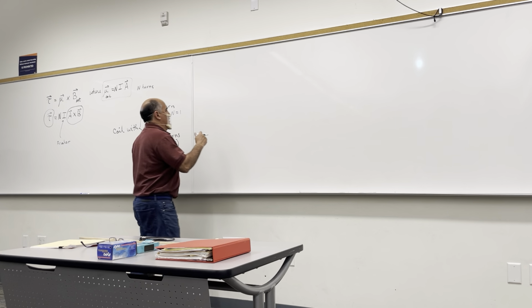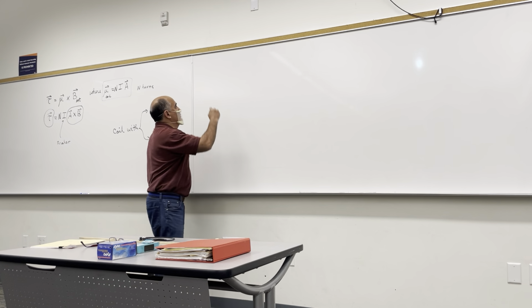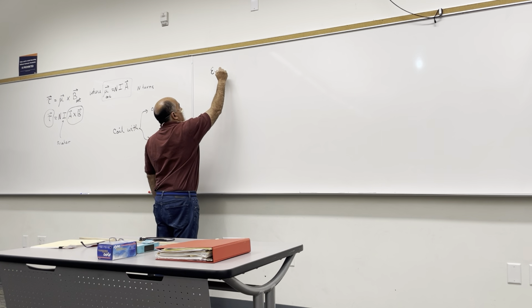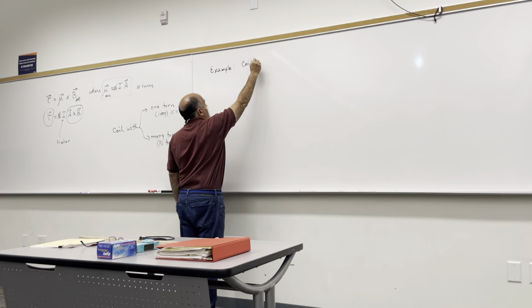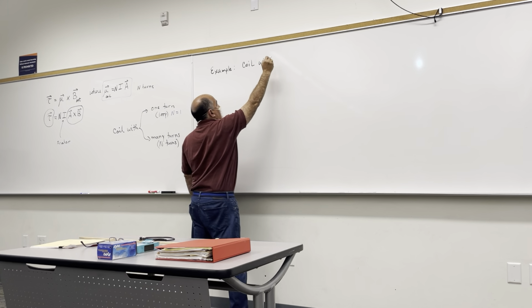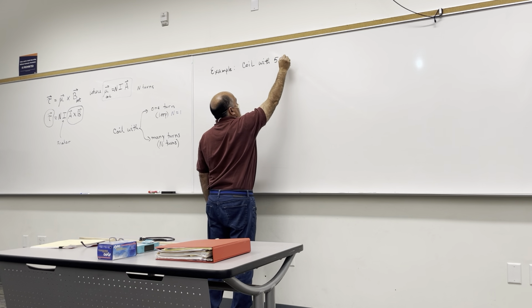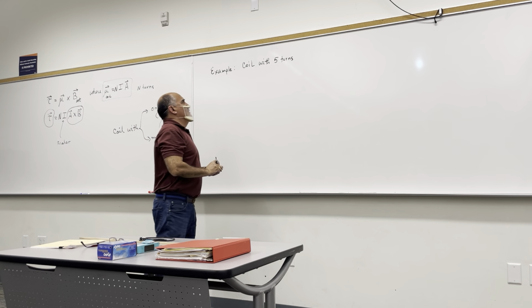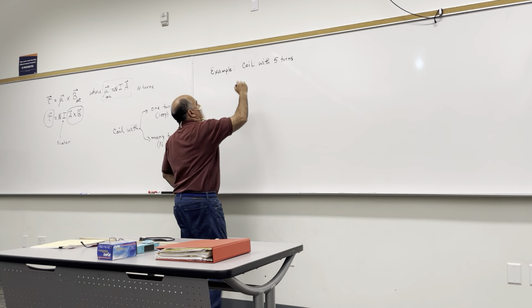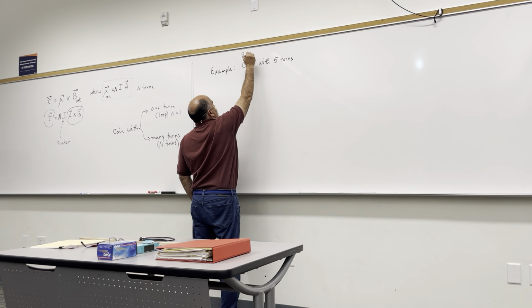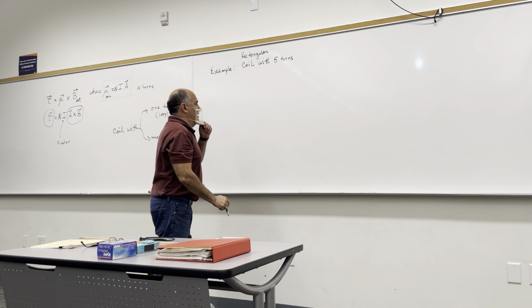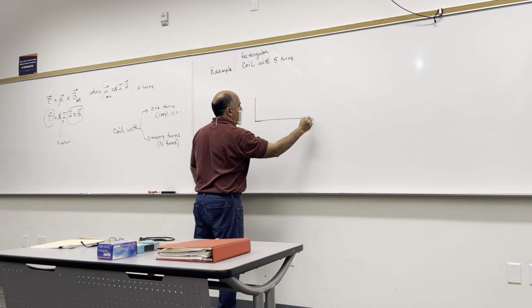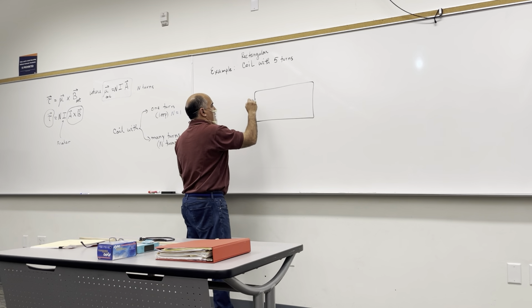What if we have a coil with 5 turns? How about if this is a rectangular coil with 5 turns? I'm going to draw the coil like this, okay?